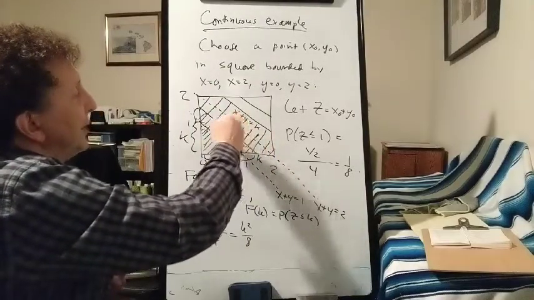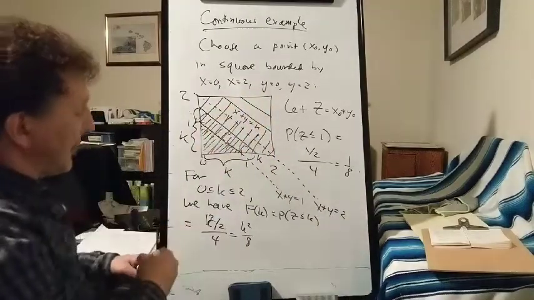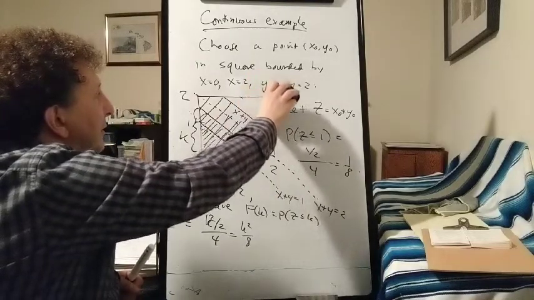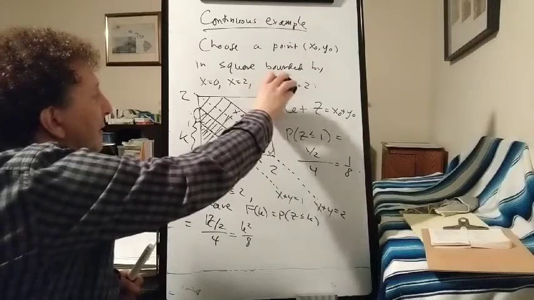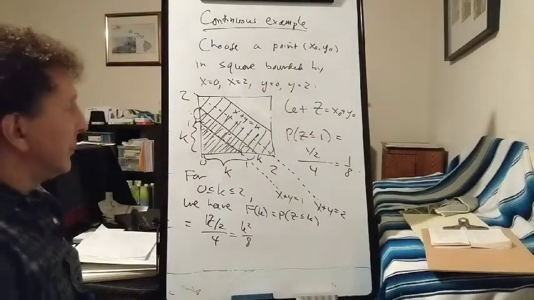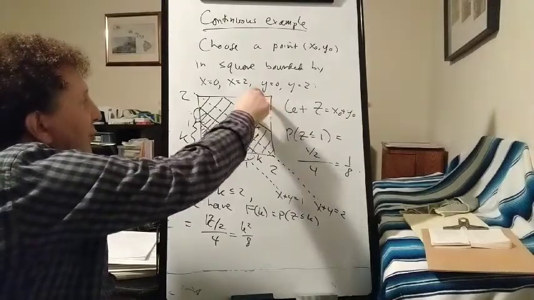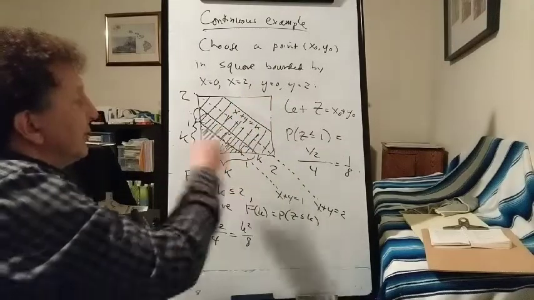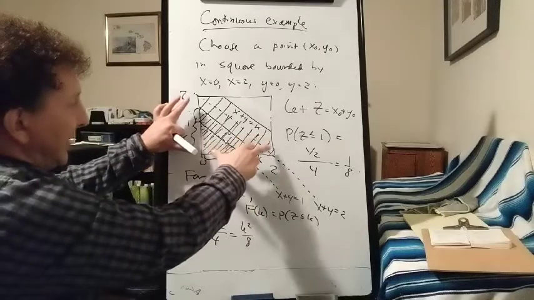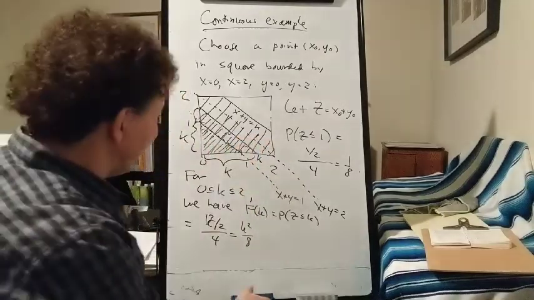It's the whole square, except for the part of the triangle that's not shaded here. So I guess we're looking for 4 minus the area of this white triangle, divided by 4, to get the shaded area over 4.